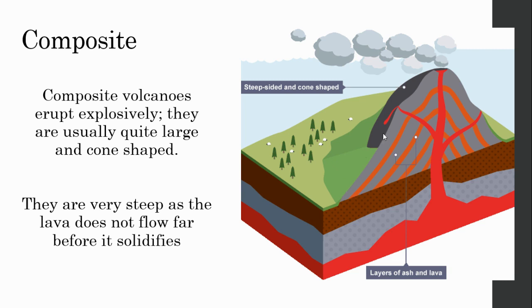So as we can see here, the sides are quite steep, which means they go up at quite a straight angle. And that's because when the lava flows from them, it doesn't flow very far. And obviously, once lava flows, it solidifies quite quickly into rock. So there we have our composite volcano.